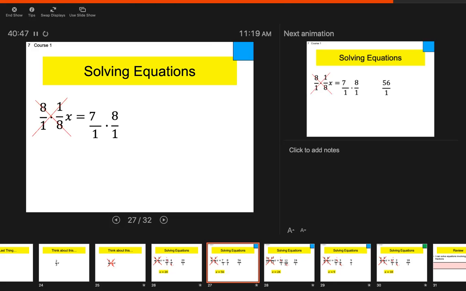Does anything cross reduce on this one? No, so you have to multiply straight across. 7 times 8? 1 times 1. And what's 56 divided by 1? 56. So the final answer is? x equals 56. Danny? If it's something that's not under 1, you have to reduce it.